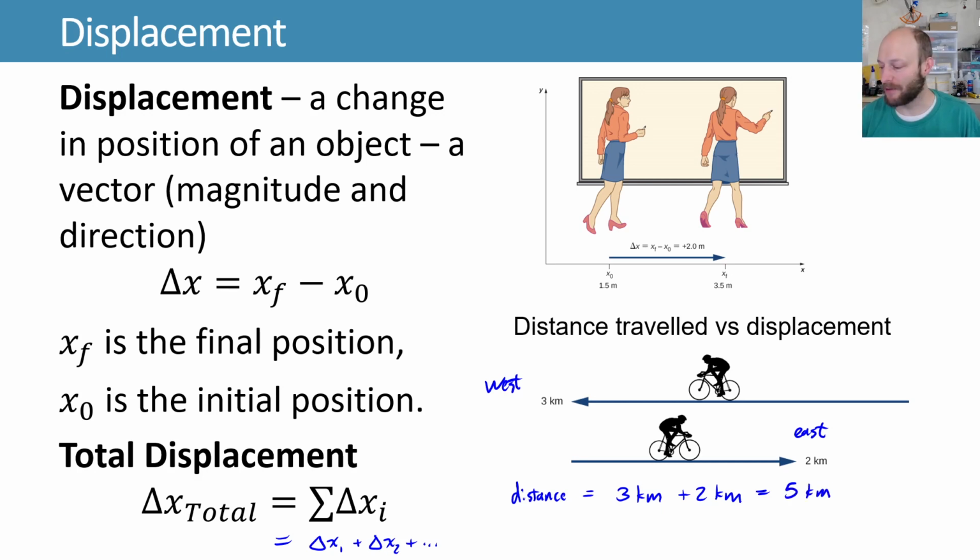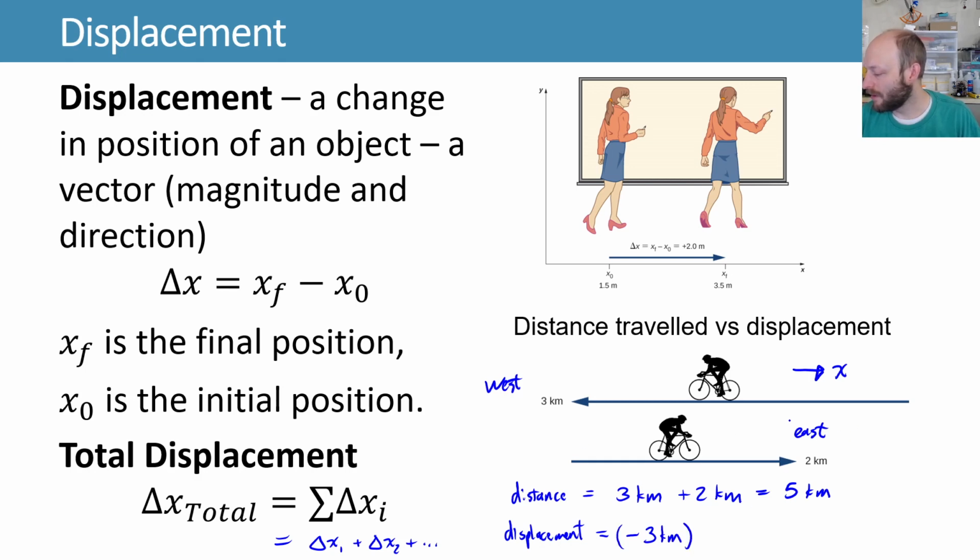But what about the displacement? Well, the displacement is a magnitude and direction, and it cares about final minus initial. So here, if I have this as my positive x direction, the displacement says that I can add up this initial displacement, which was 3 kilometers in the negative x direction, or a displacement of negative 3 kilometers.